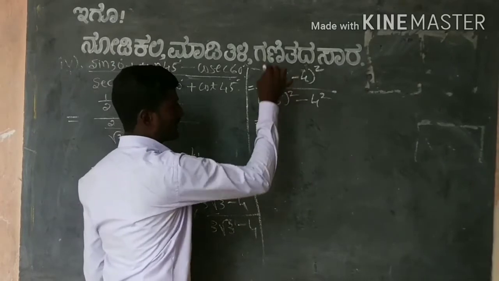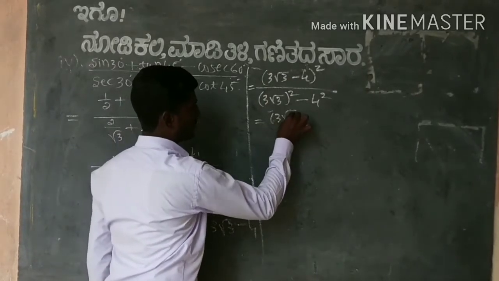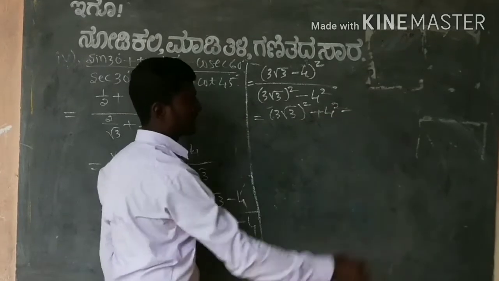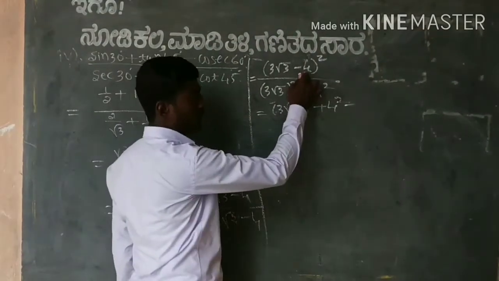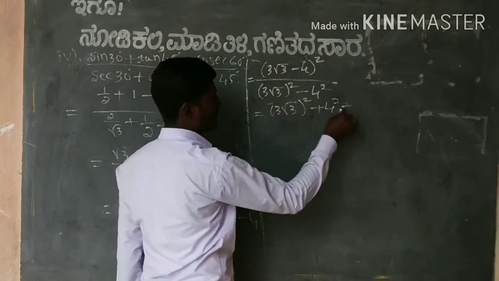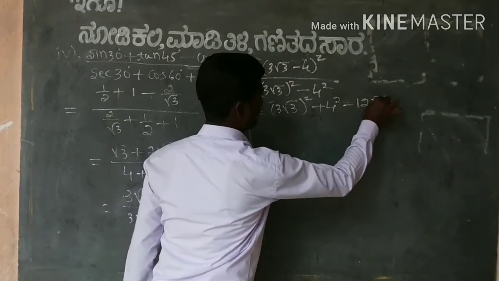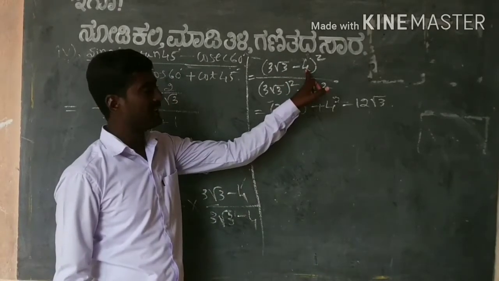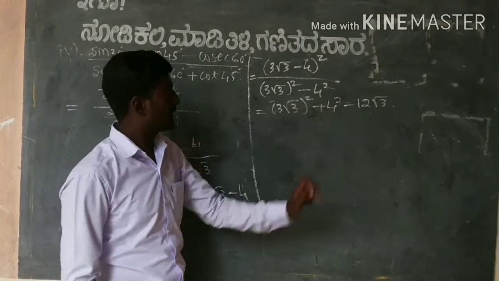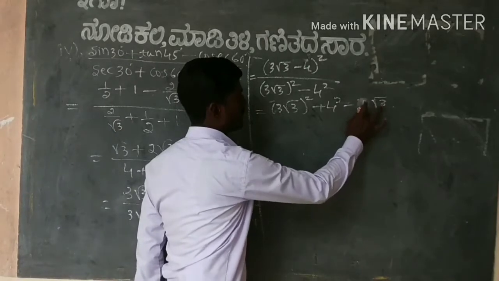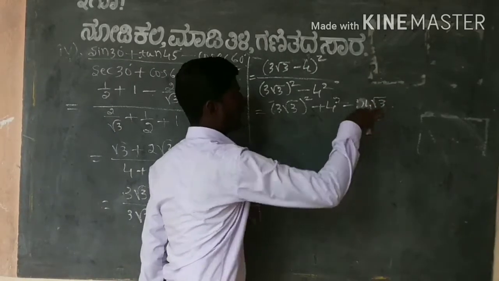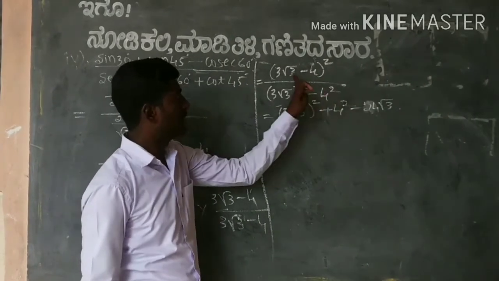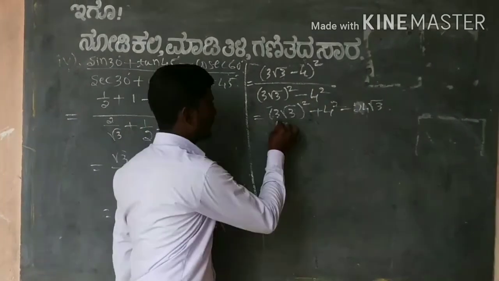So 3 root 3 square, a square it is 3 root 3 square plus 4 square minus 2ab. 2 4s are 8, 8 3s are 24 root 3, whole divided by.